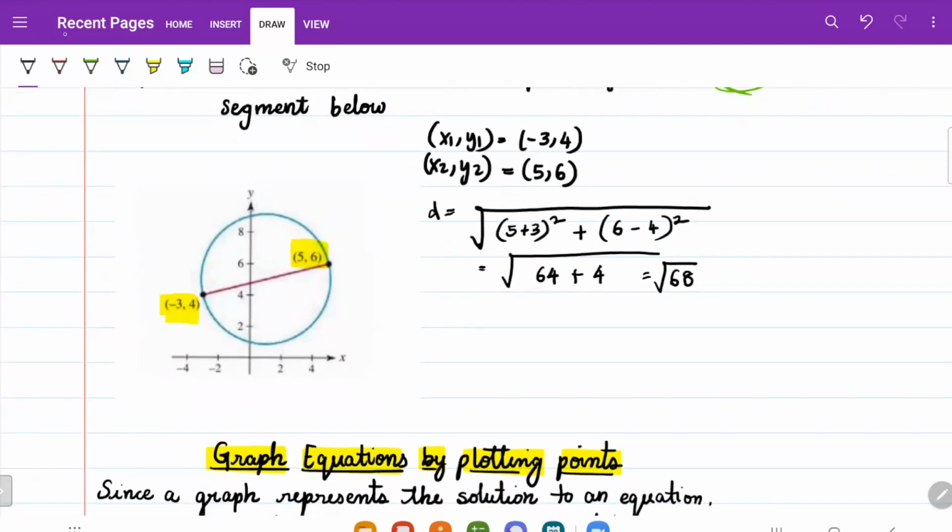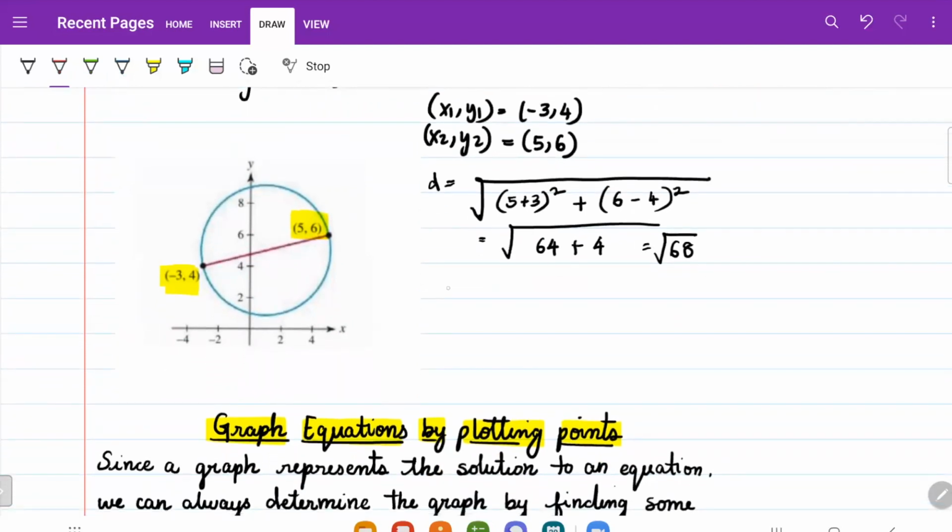Similarly, let's find our midpoint. The midpoint is the average of the x coordinates and the y coordinates.